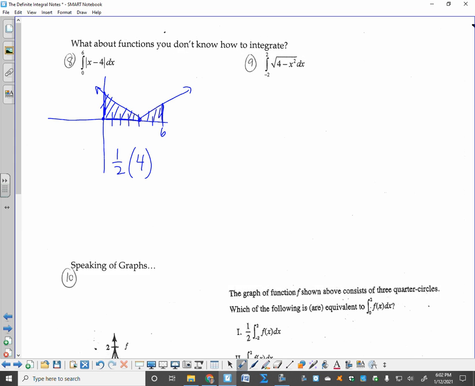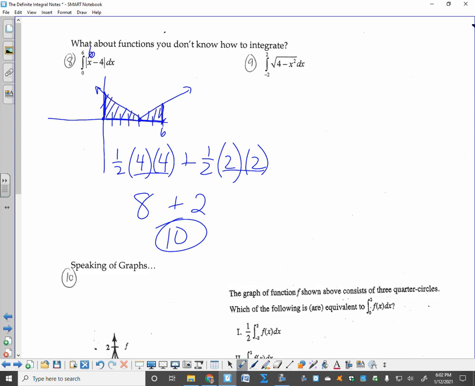Height at 0 would be a 4. And then let me do this triangle. So 1/2, his base is 2. And then at 6, his height is going to be a 2. 16, half of 16 is 8. 4, half of 4 is 2. Area is 10.